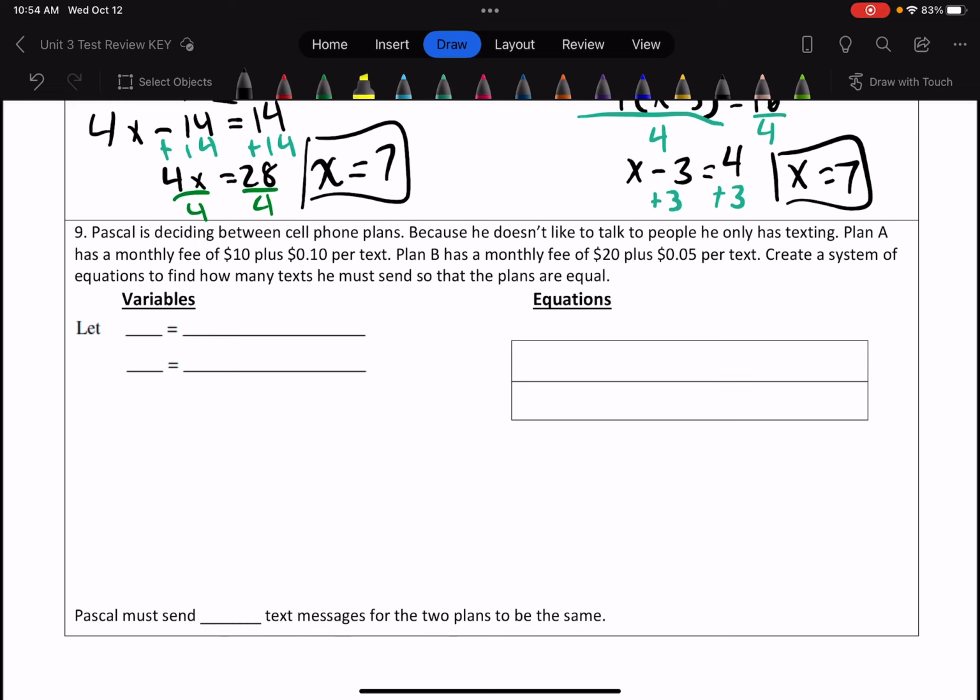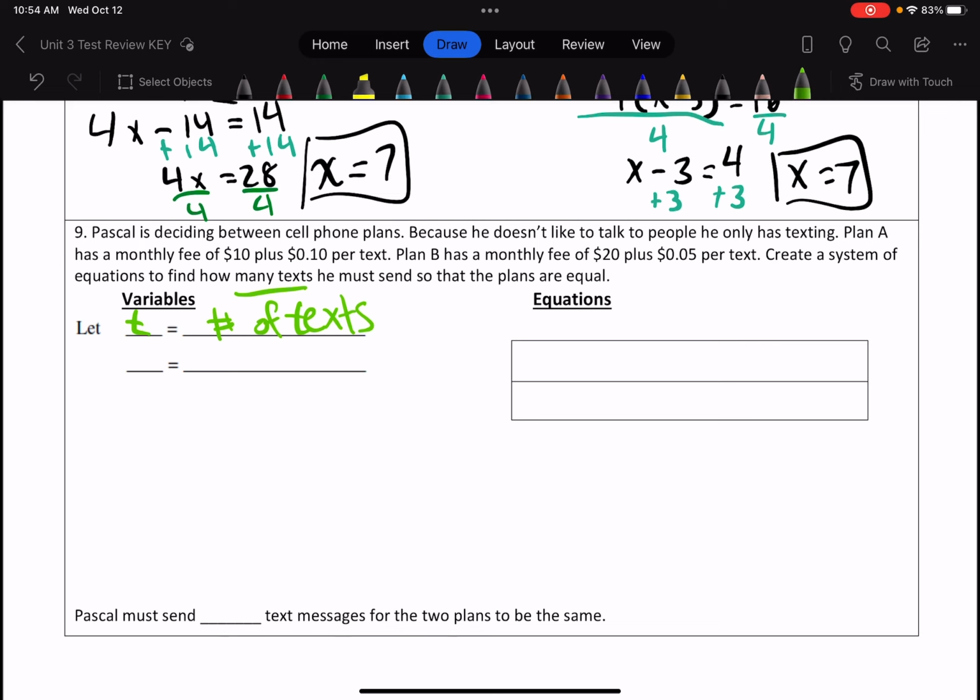What we don't know is first how many texts that Pascal sends. So we got to figure that out. So I'm going to say that T is equal to the number of texts. And then I've got to figure out how much each of these plans are going to cost. Remember that the amount the plan costs is dependent on however many texts that Pascal sends. We can call this whatever we want to do.